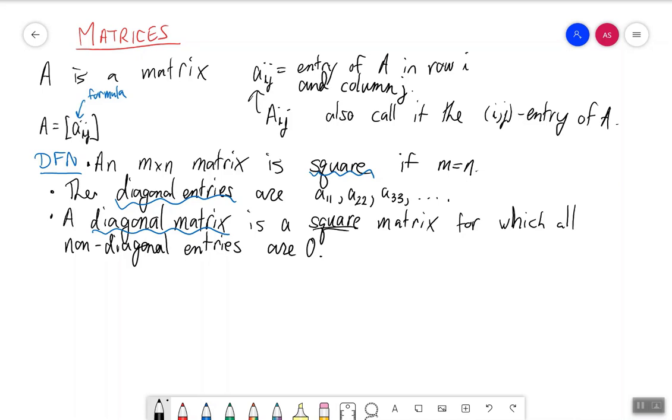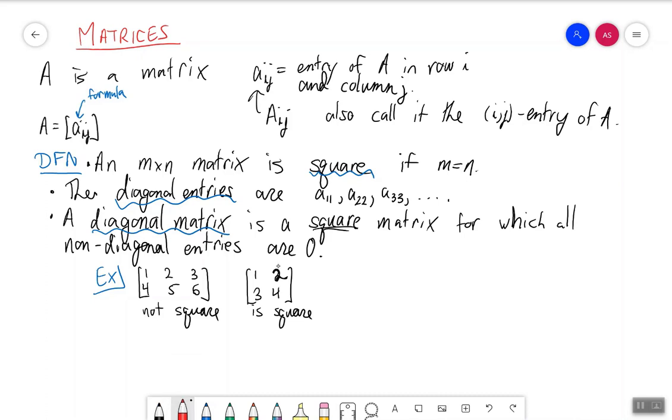So, for example, this matrix here is not square, so in particular, it's not diagonal. This matrix, on the other hand, is square, but it's not diagonal because this entry and this entry are not 0.